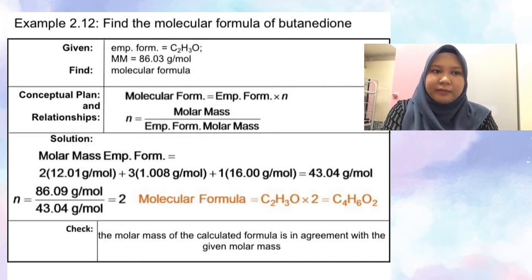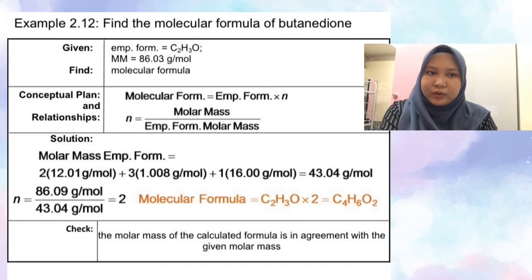Molar mass 86.03 grams per mole. Find the molecular formula. Conceptual plan and relationships: molecular formula equals empirical formula times N, and N equals molar mass divided by empirical formula mass.